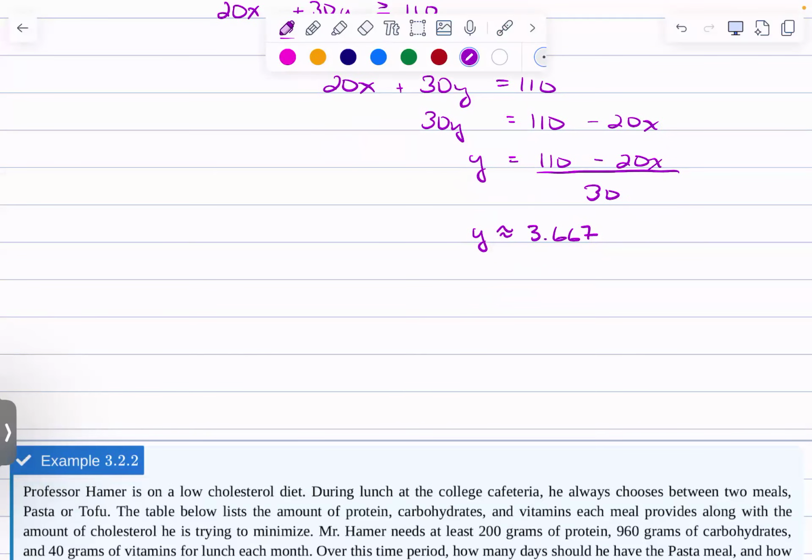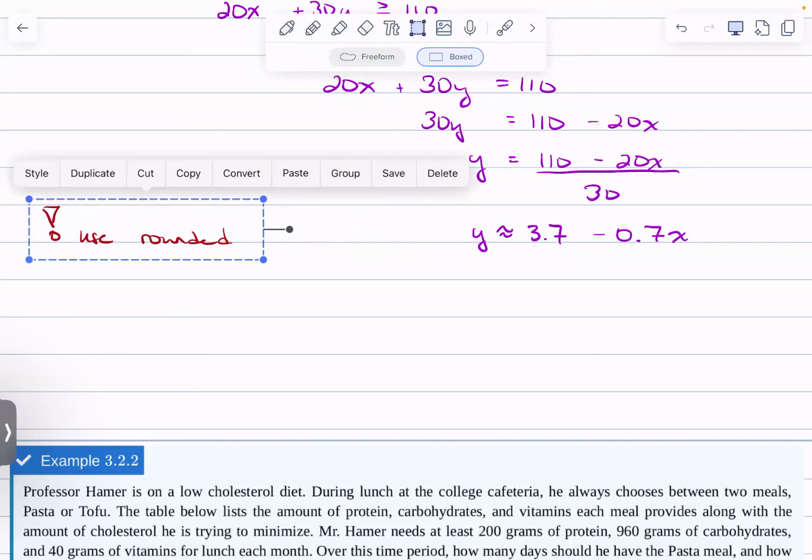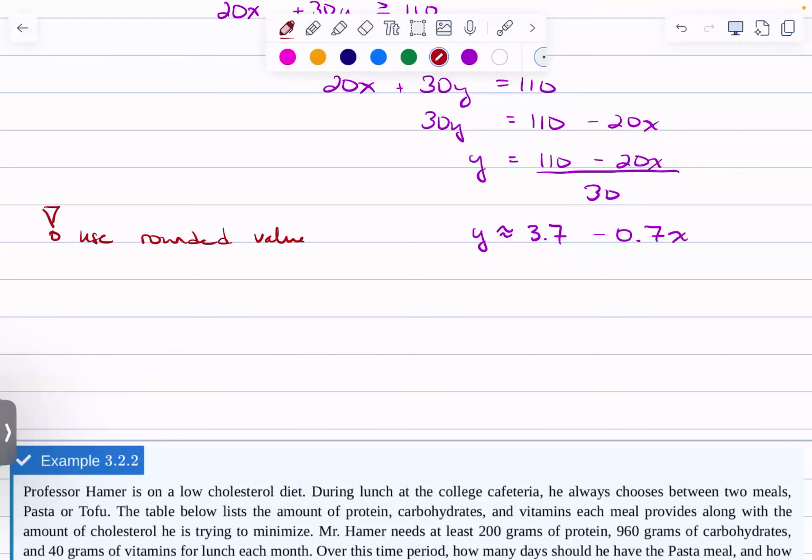Let's even round to 1 decimal place, because I'm not going to be able to draw it very closely. 20 over 30, let's say, is minus 0.7 times X. I will use rounded values just to draw the line.